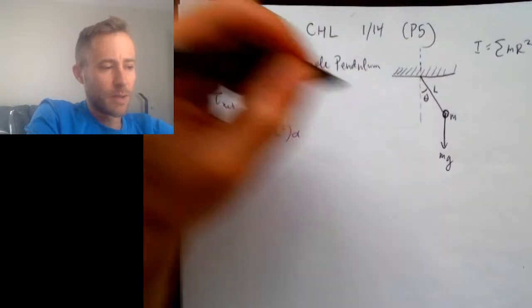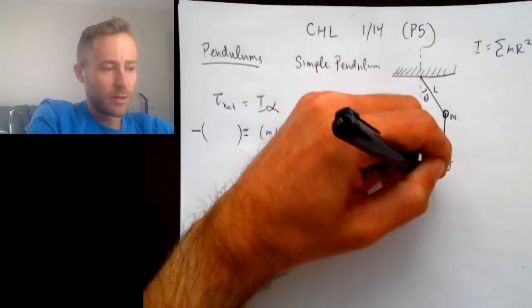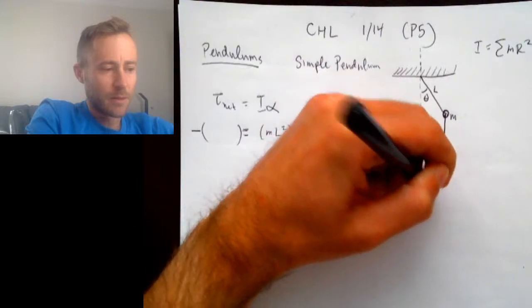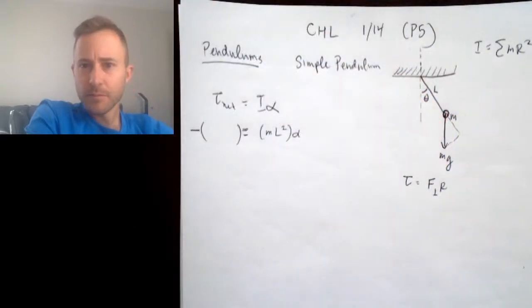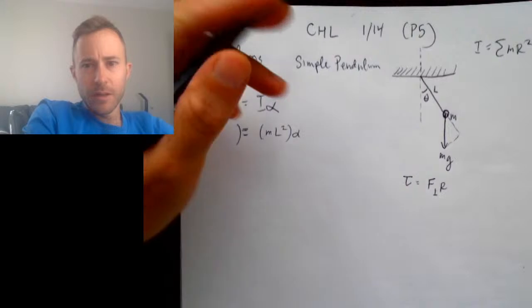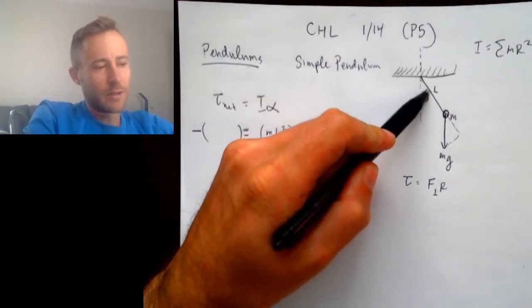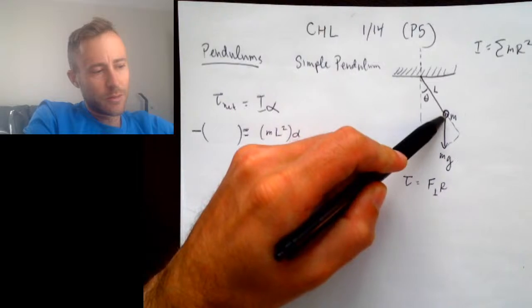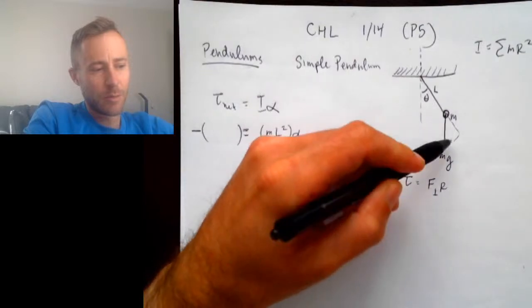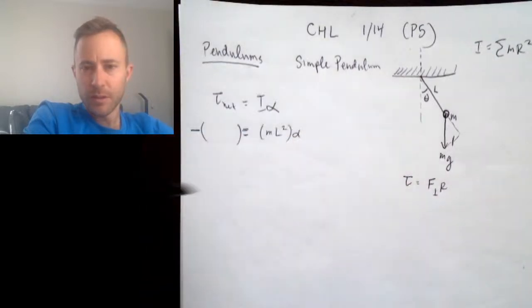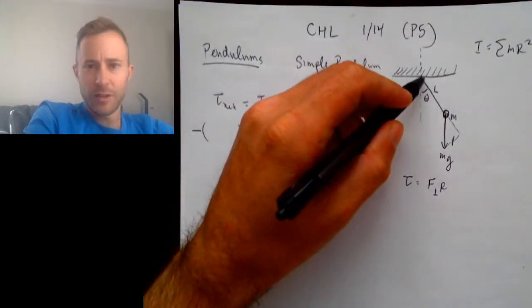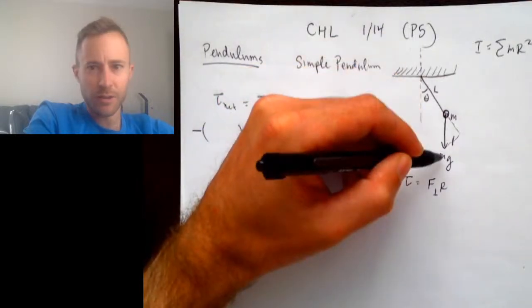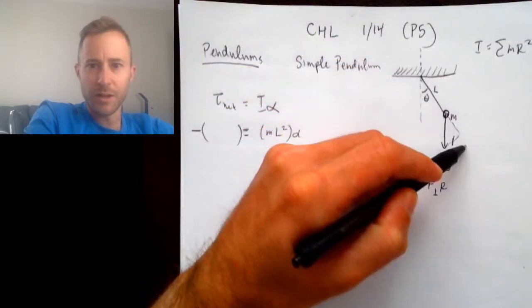If you recall, the formula for torque is F perp times R. Here is the line connecting the pivot to where the force is applied. Perpendicular to that would be this component of the weight force. This line is vertical, that line is vertical, and this line and that line have the same slopes.